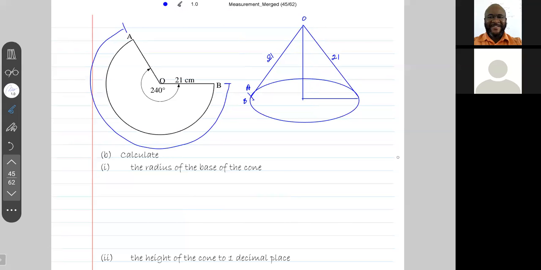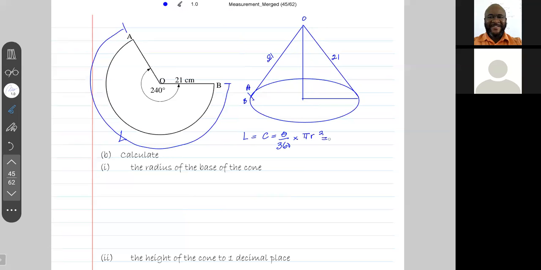So what we're asked to do now is to show that the circumference of the base of the cone, remember, it is L that became the circumference. So L, which is equal to the circumference of the base of the cone, is equal to theta over 360 times pi r squared.